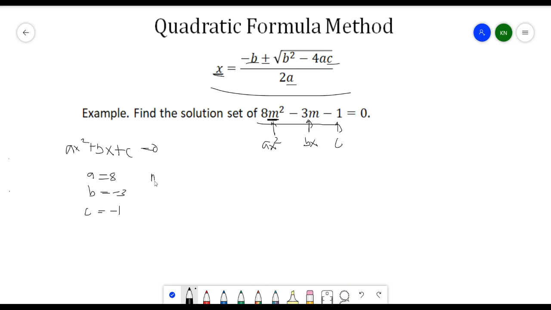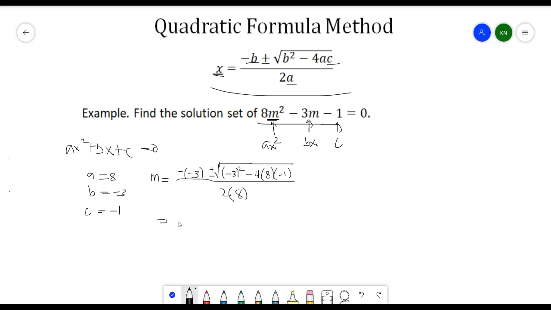So that gives us m is equivalent to negative of -3, because our b is -3, plus minus square root of b squared, which is -3 squared, minus 4, and then our a, which is 8, and our c, which is -1, all over 2 times 8.